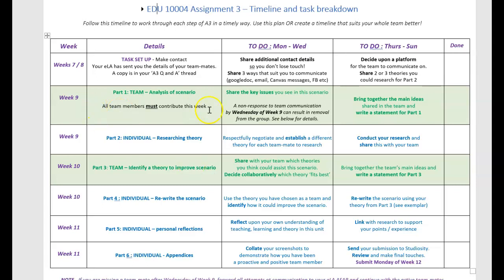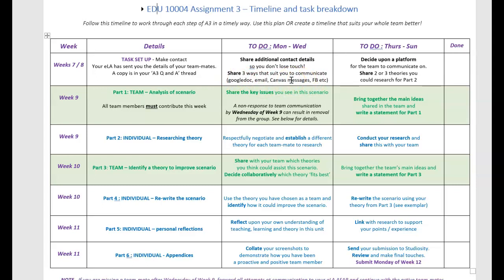So you can see I've just made the green color there, so you can see they're the ones that you complete with your teammates, and then blue for the rest. So we've asked you in weeks 7 and 8, make contact with your team, share some additional contact details. You don't want to lose touch. We know everyone's busy, and share 3 different ways that you would like to communicate.